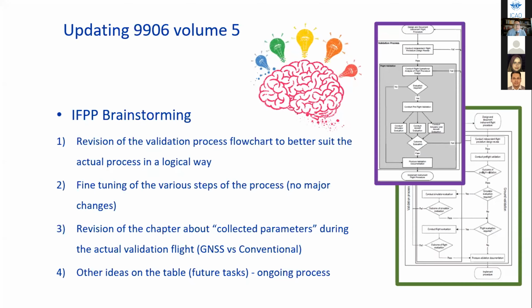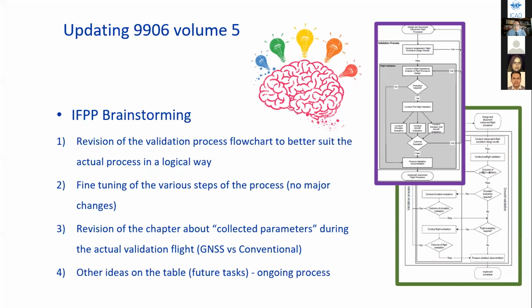Then we will have a fine-tuning of the various steps of the process after this revision of the flow chart, and a revision also of the chapter about collected parameters, because we need to implement a better understanding of the fact that conventional procedures are still in existence.